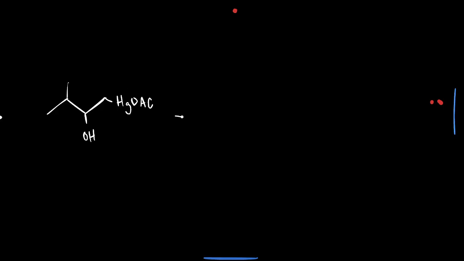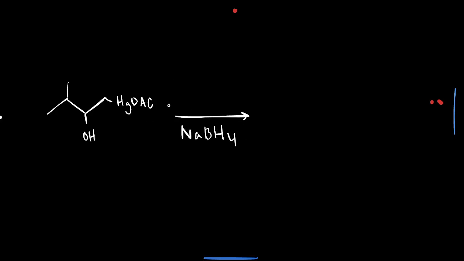And for this next step, there is no real mechanism to know here when we have the sodium borohydride reacting. Many professors, or really all professors, don't require you to know any real mechanism, just know what the product of this is. This is effectively a reduction step, and we call it a reduction just because we're attaching a hydride here, right? So there is no arrow mechanism you need to know for this part.